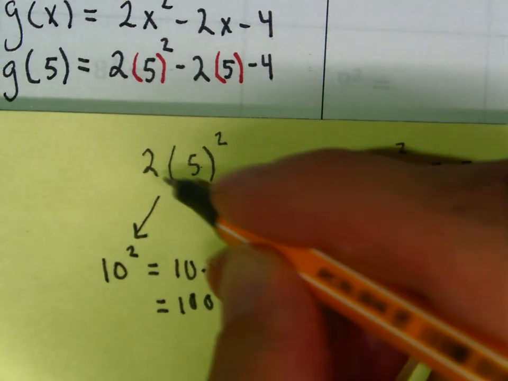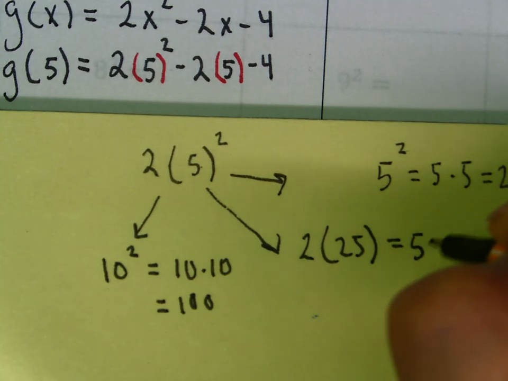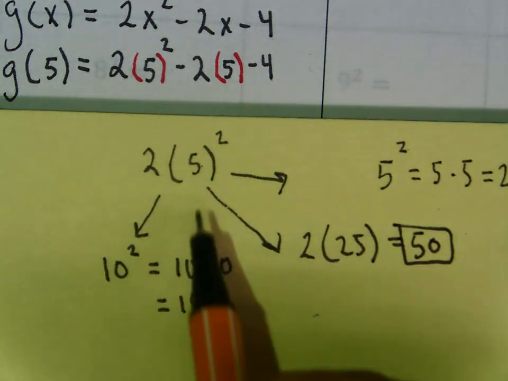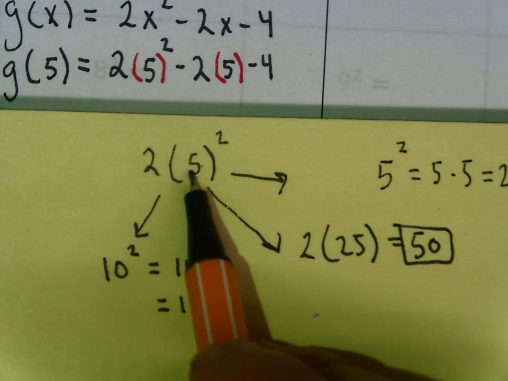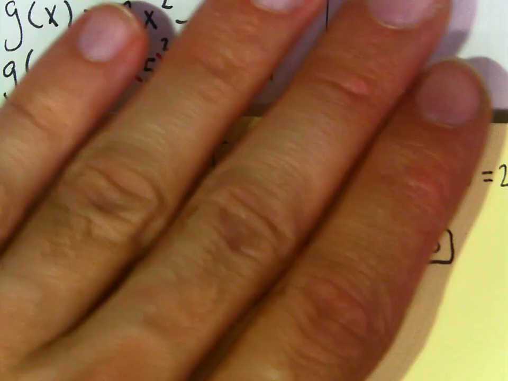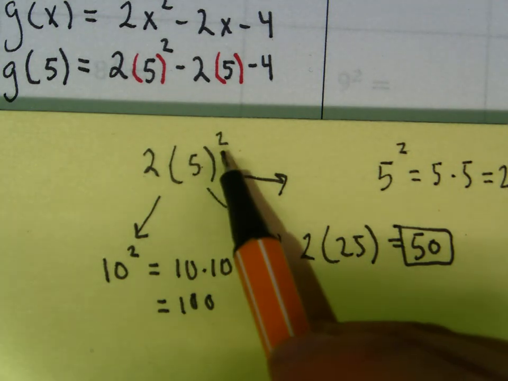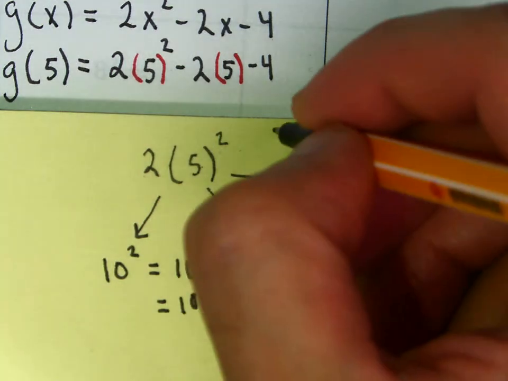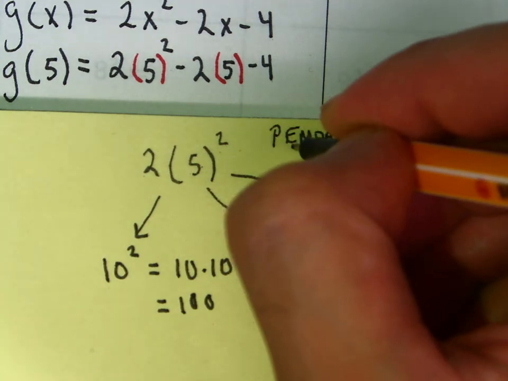Then this becomes 2 times 25, and that is 50, okay? So if you do 2 times 5 first, or if you always multiply this times this first and square it, that is no bueno. You have to square this first, right? And the reason is because of PEMDAS, right? You have to do the parentheses, then the exponents.